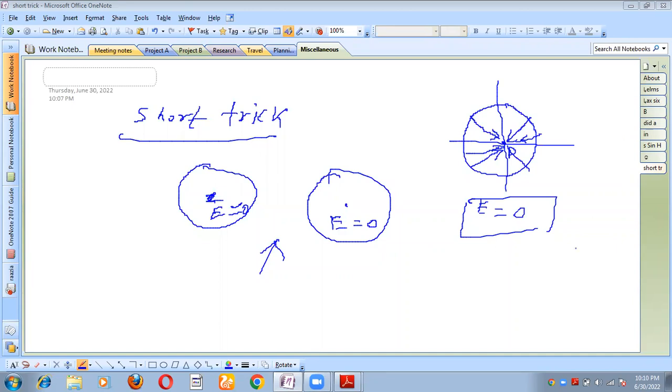Here we don't have a symmetric case, right? The ring is half, so how will you consider a Gaussian surface? We cannot consider a Gaussian surface here, right?